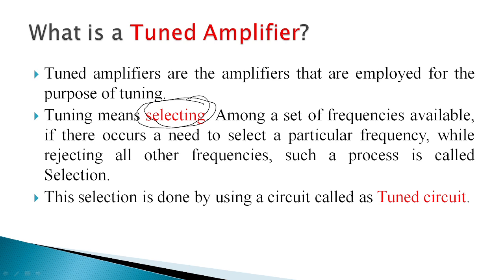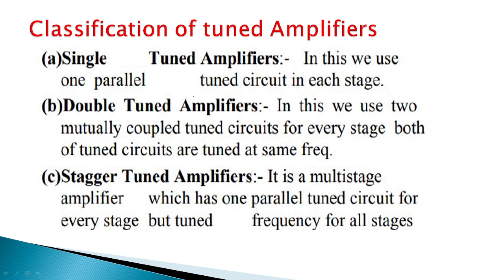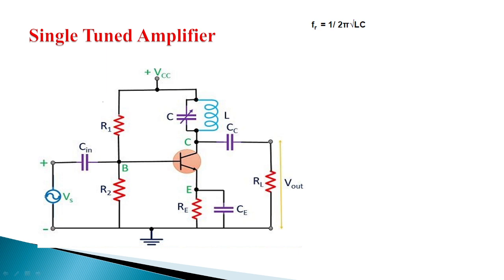Depending on the user requirement, we can select, and that is called a tuned amplifier. The amplifiers are classified into single tuned amplifiers, double tuned amplifiers and staggered tuned amplifiers. Depending on the user application, we can use different tuned circuits. Finally, by using a tuned circuit, we can select only our required signals.